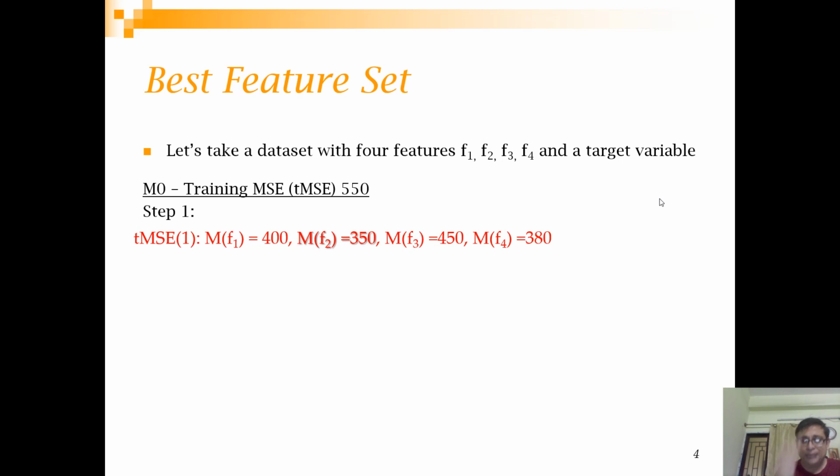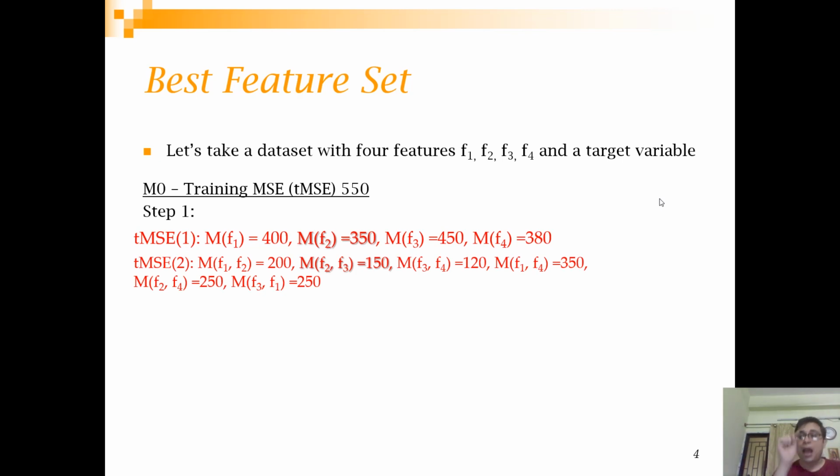I go to my next step where I increase the features from 1 to 2. How many models will I build? I will again build 4 choose 2 models, 4 into 3 by 2, which gives you 6 models. And in every step, I am keeping a note of which was the best model with 1 feature, which is the best model for 2 features, like that.